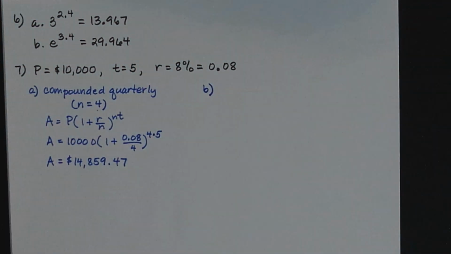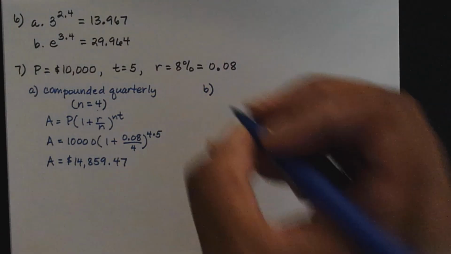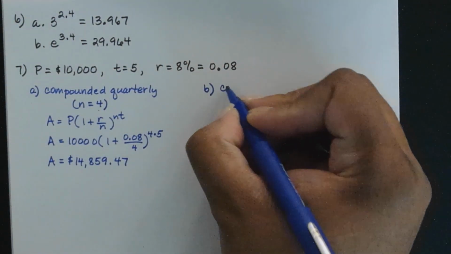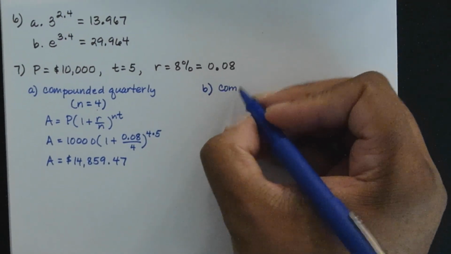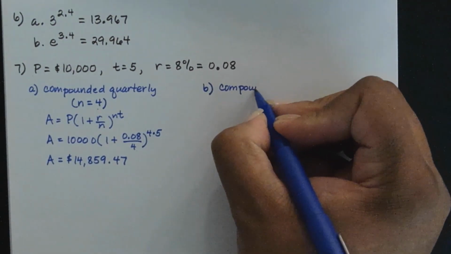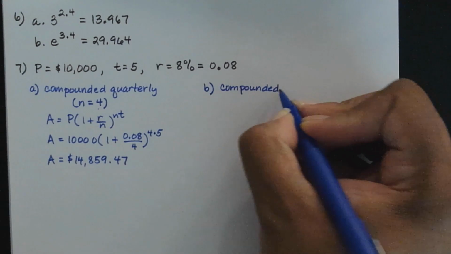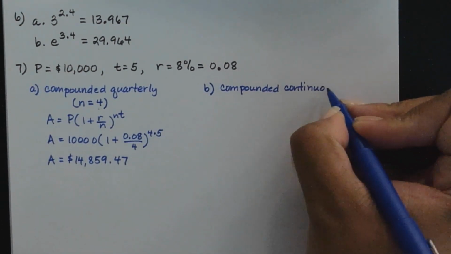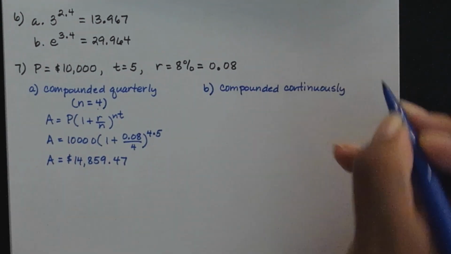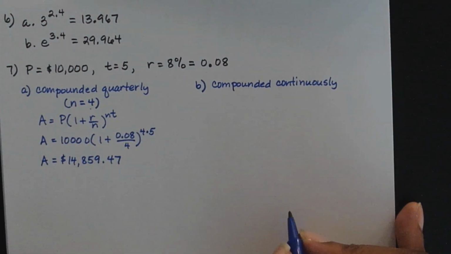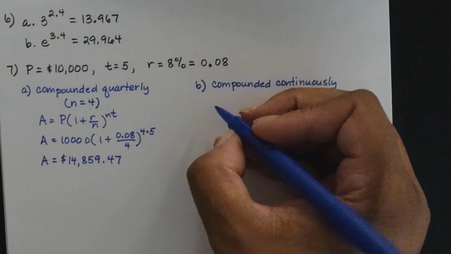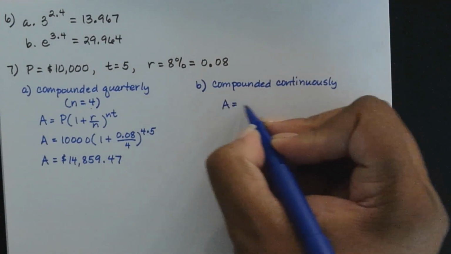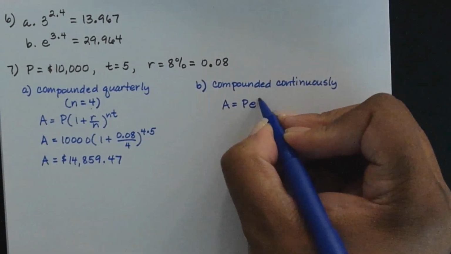All right. So that would be the accumulated value of a $10,000 investment for 5 years at 8% compounded quarterly. And then part B is compounded continuously. And here we have to use the formula for continuous compounding.